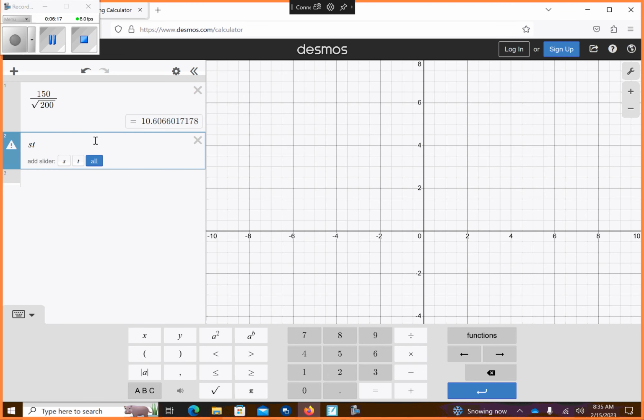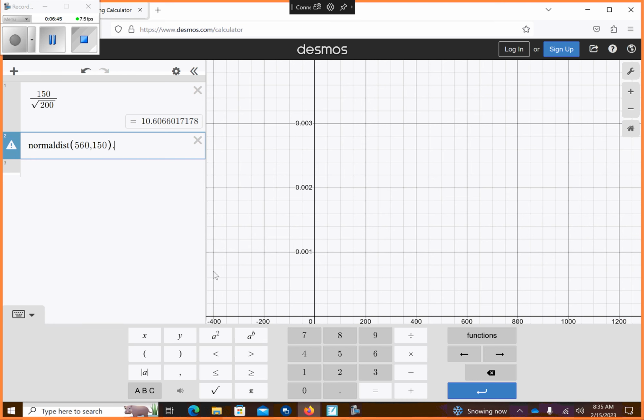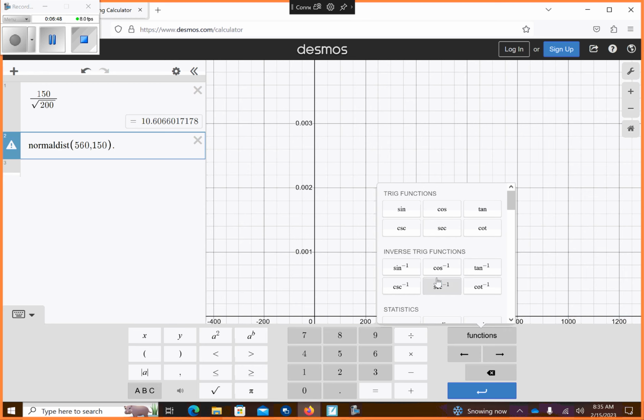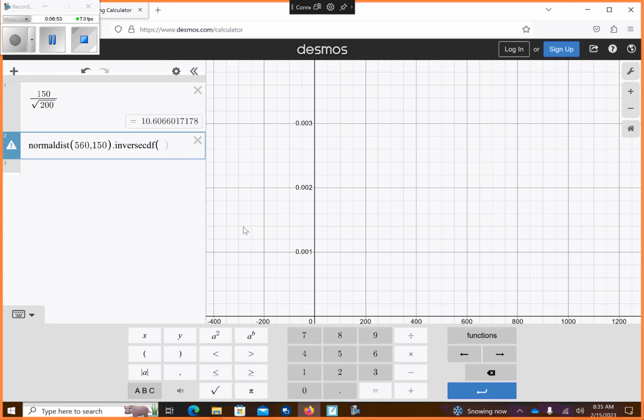Standard normal distribution. I don't think we have to use the 0 and 1 for this because they gave us the mean, which was 560, and the standard deviation, which was 150. Then we do the inverse CDF.